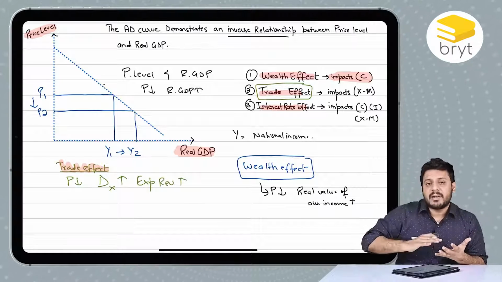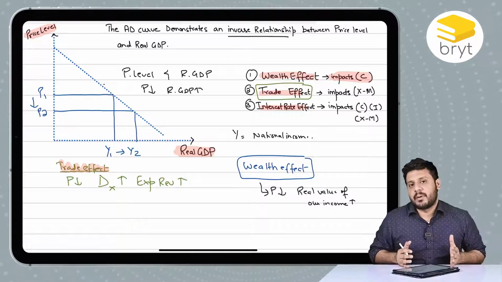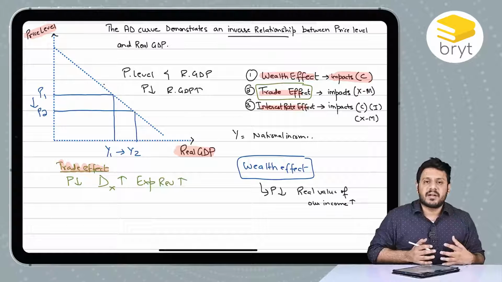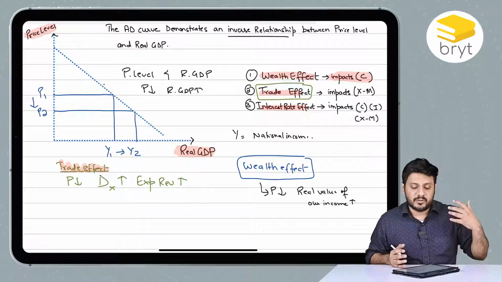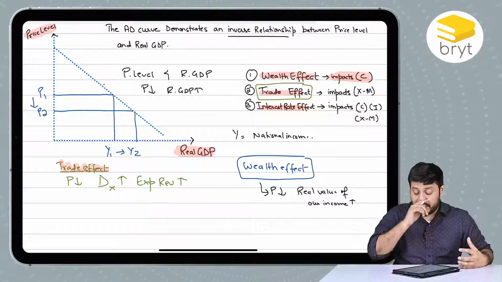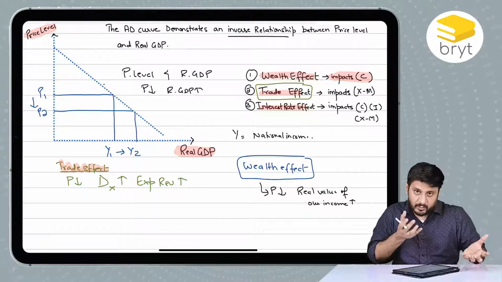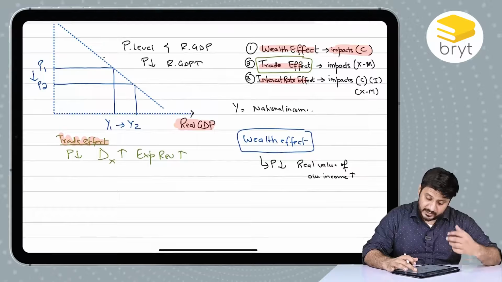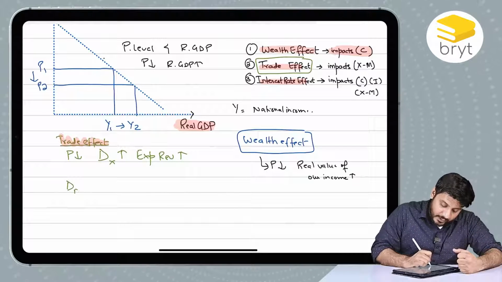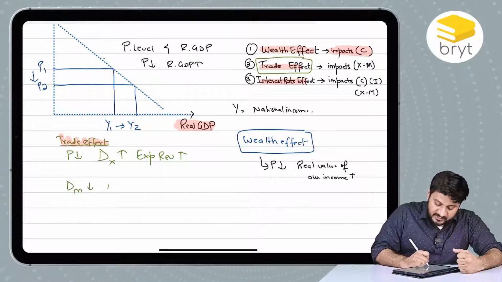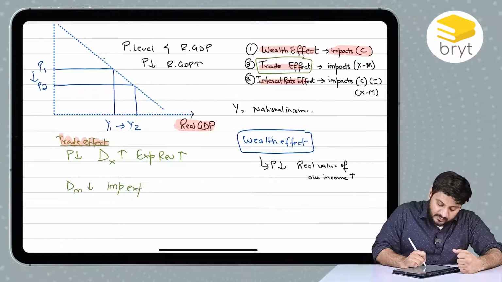Imports have become less competitive and more expensive compared to domestic goods, because domestic inflation is going down. As a result, the demand for imports would go down, and your import expenditures would go down.